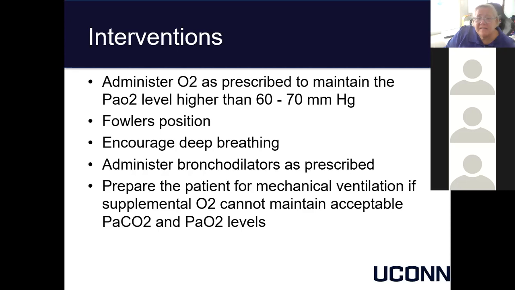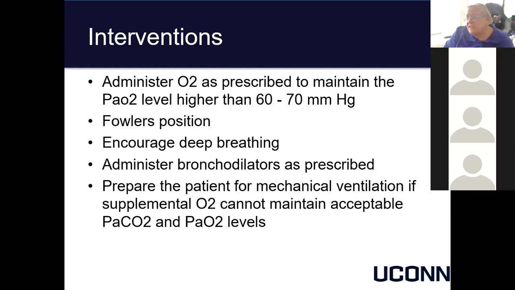We give oxygen, oftentimes, again, starting with nasal cannula and progressing as far up the chain as necessary to keep our oxygen saturations above 90, which is indicative of our partial pressure of oxygen levels of being 60 to 70%.